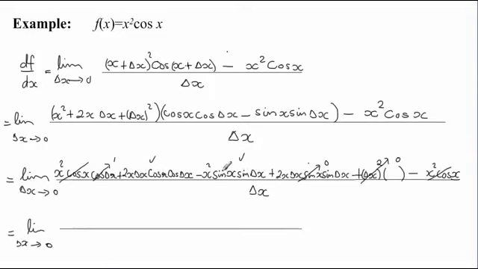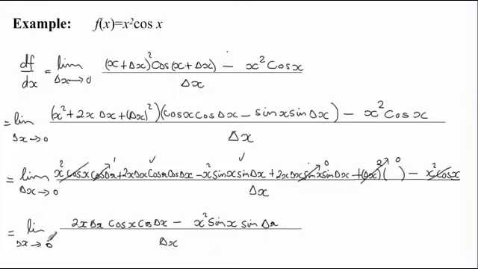In the numerator we're left with 2x delta x cosine delta x minus x squared sine x sine of delta x, over delta x.